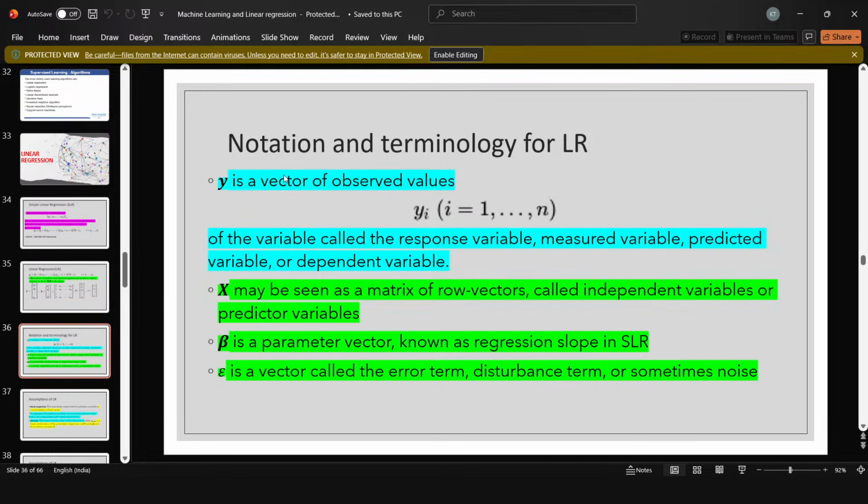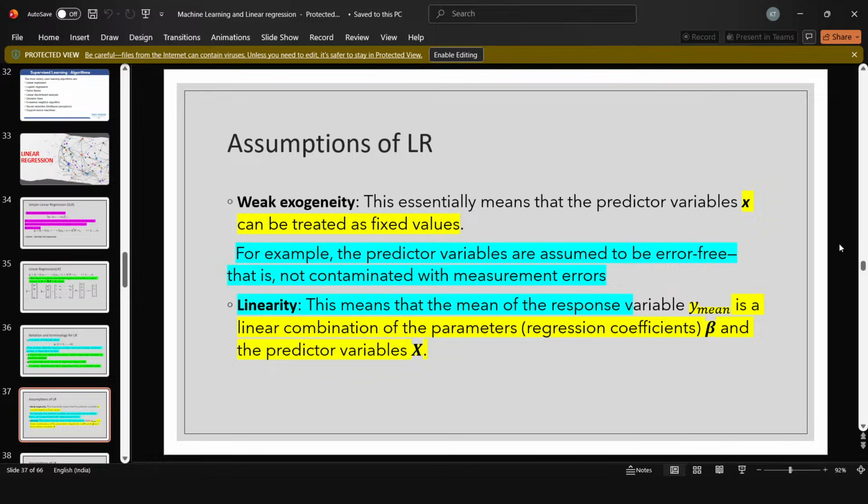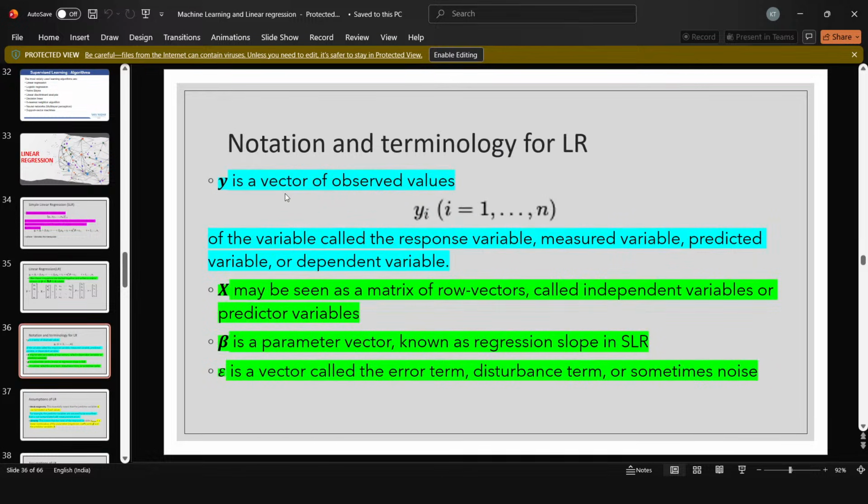I hope you would have gone through all these already. Anyway, I'll also go through them again. X may be seen as a matrix of row vectors. All these I already told you.